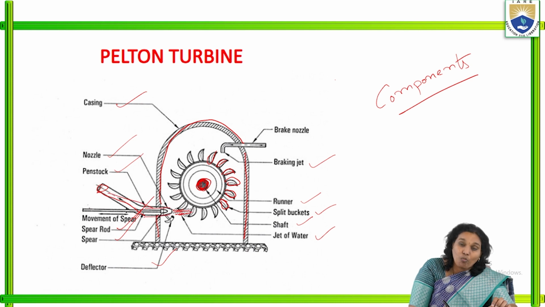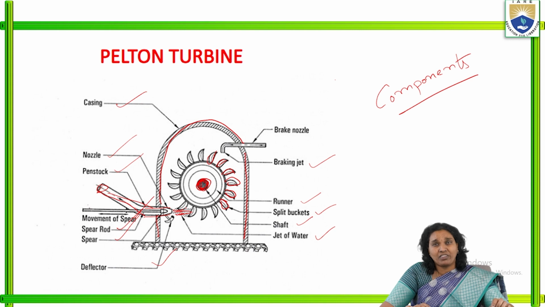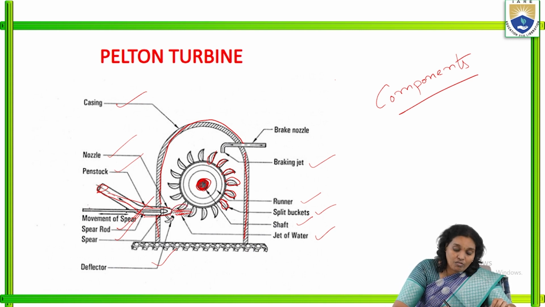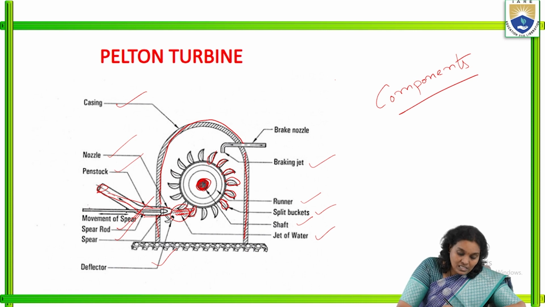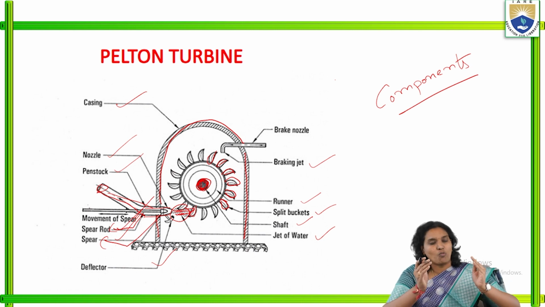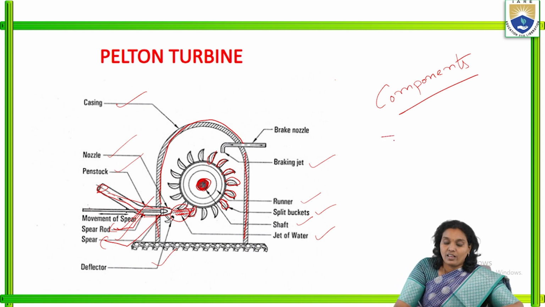From this nozzle, at the time of design and analysis, we are going to determine how much of the jet of water enters into the buckets. At the time of design, we decide how much jet of water is required, and based on this, the movement of the spear rod and the spear is fixed, that is, how much movement and how much jet of water is required for filling the bucket.